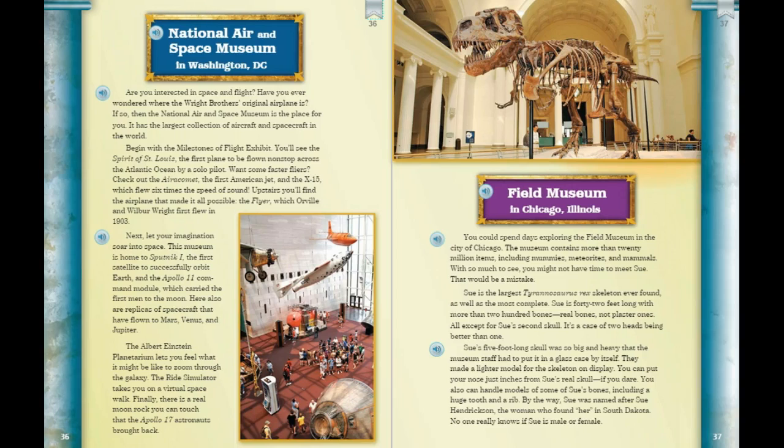In the fourth paragraph on page 36, the author says that you can take a virtual spacewalk. What does virtual mean? And what background knowledge and context clues help you to figure out the word's meaning? How does the photograph on page 37 help you understand what is in the Field Museum?